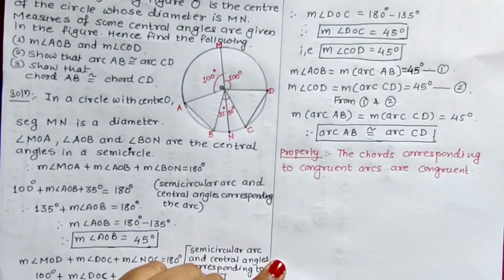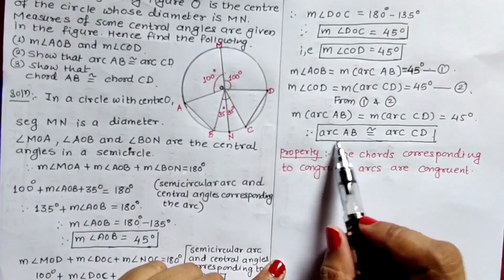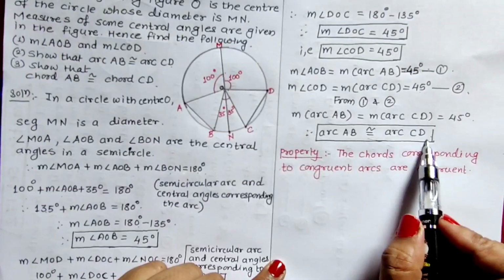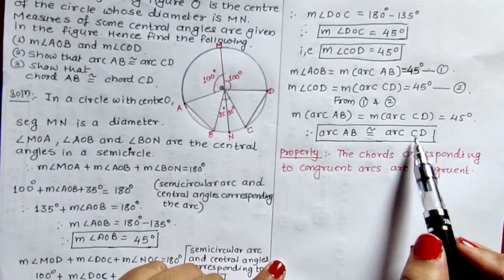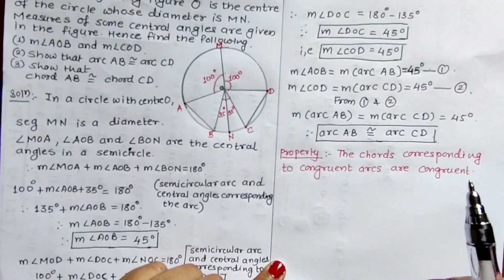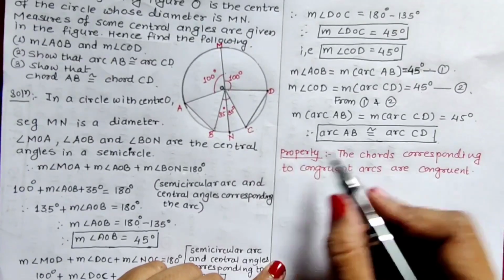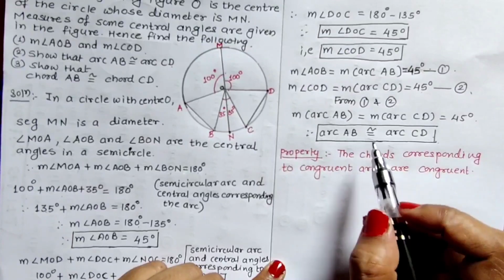That means the chords which correspond to arc AB and arc CD will become congruent, because arc AB and arc CD are congruent. That's why their corresponding chords are also congruent.